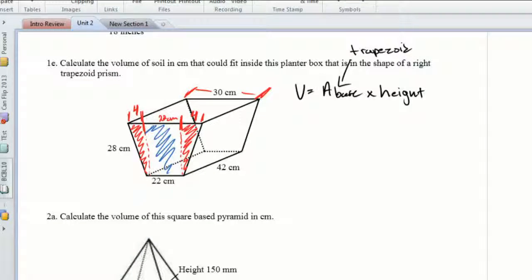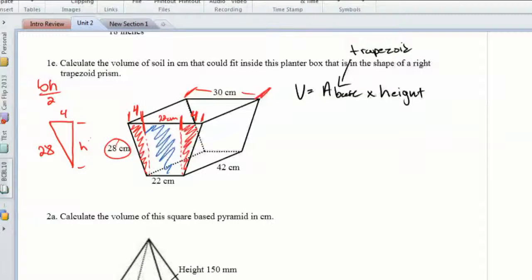If I redraw the triangle over here, I have this, the 28 is over here, and I have a 4. In order to find the area of a triangle, I have to do base times height divided by 2, but I don't know the height.